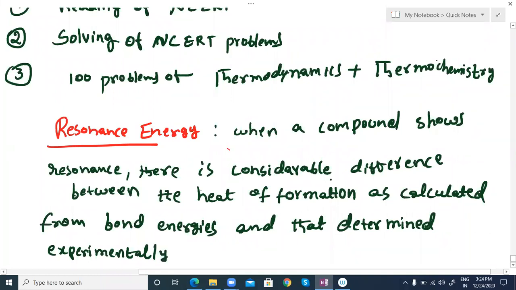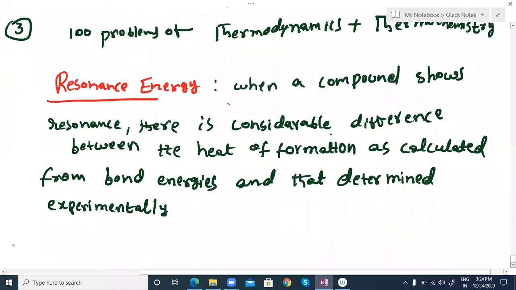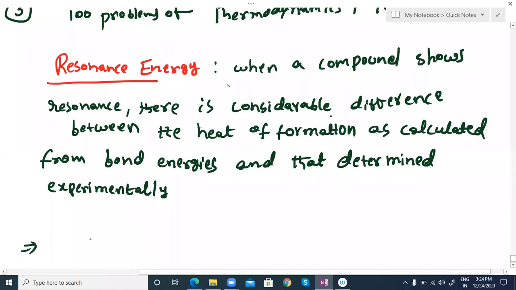So always we expect some value there, the resonance energy. For example, benzene. Due to resonance structures, pi bonds are moving continuously. They won't stay; next time the pi bond will be here, here, and here.